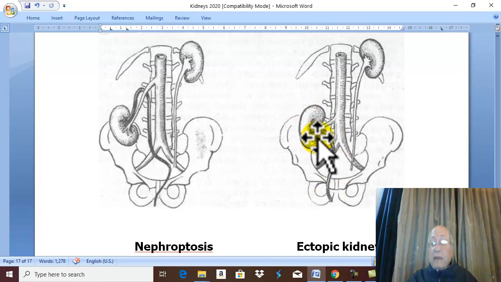This is an ectopic kidney, which should be differentiated from this. What is this? This kidney was originally normal, but fell down, and this is called nephroptosis due to loss of support of the kidney. How do you lose the support of the kidney?